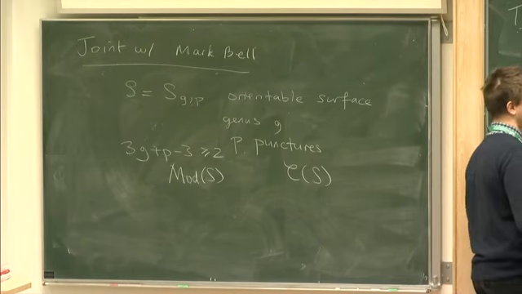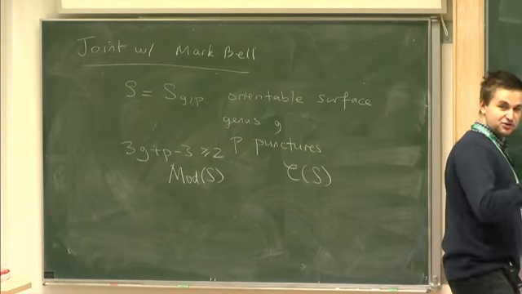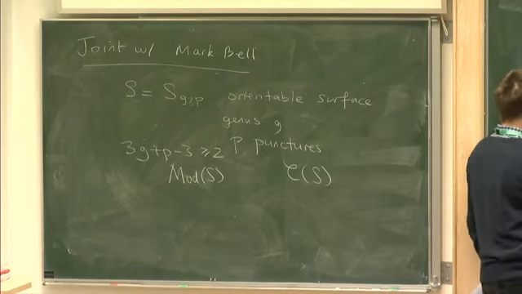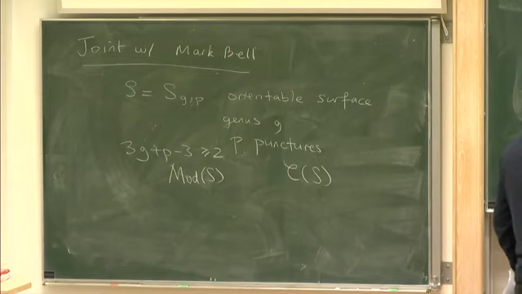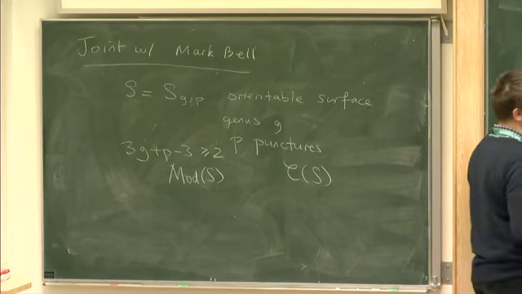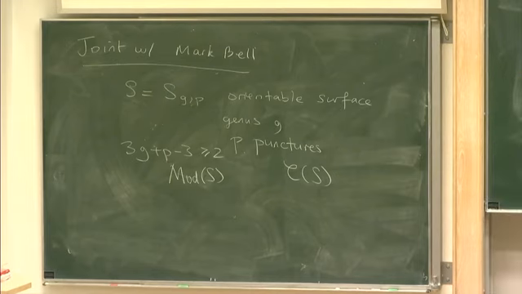And pseudo-Anosov, I'm not going to go into the definition too deeply, but basically it means there are two measured minimal foliations on the surface S, so that F locally looks like an Anosov map. It contracts one direction and expands the other.